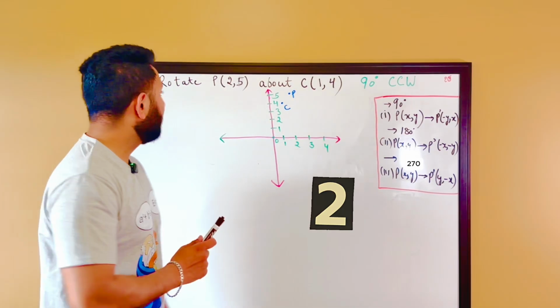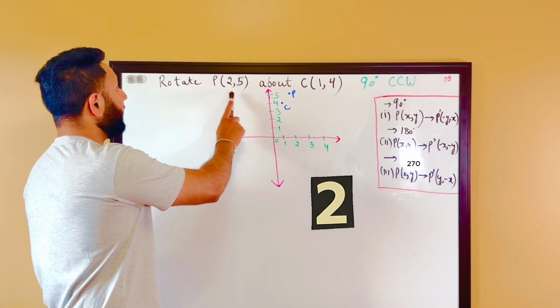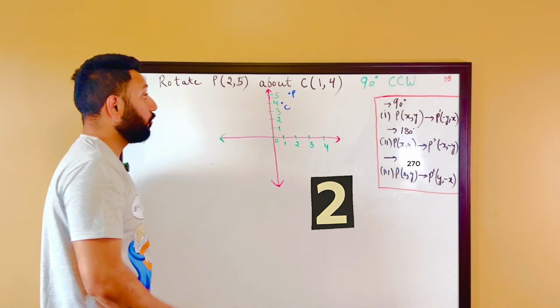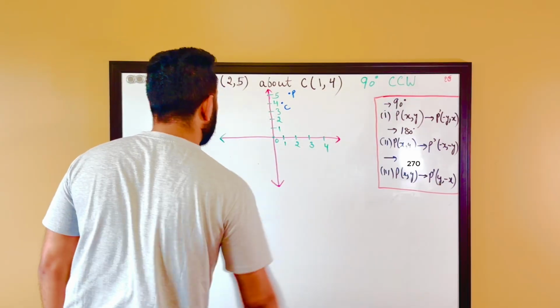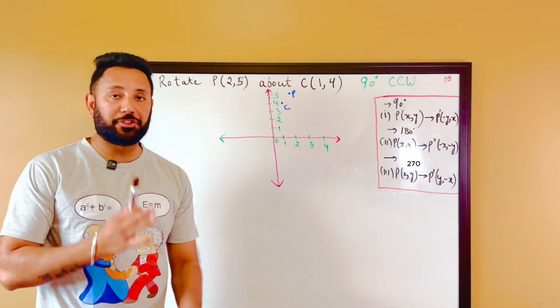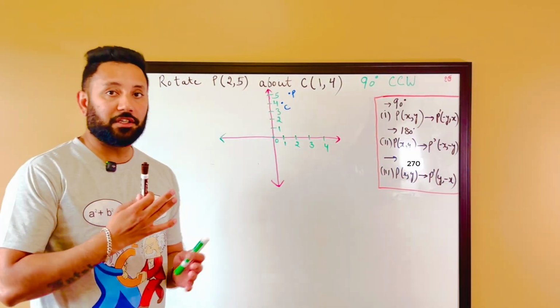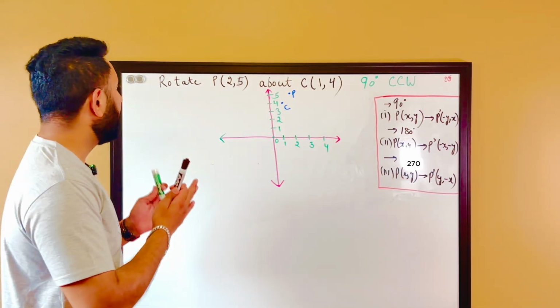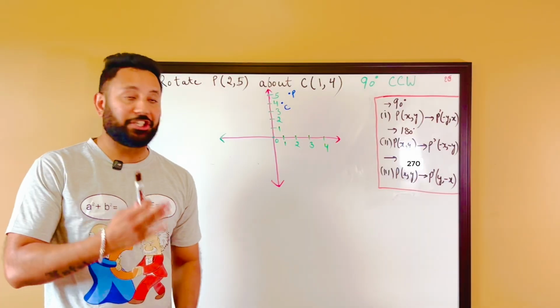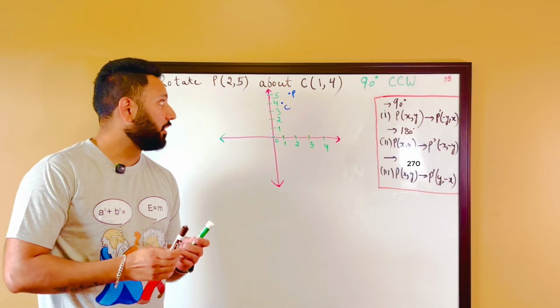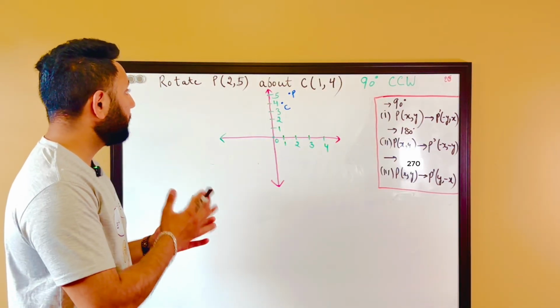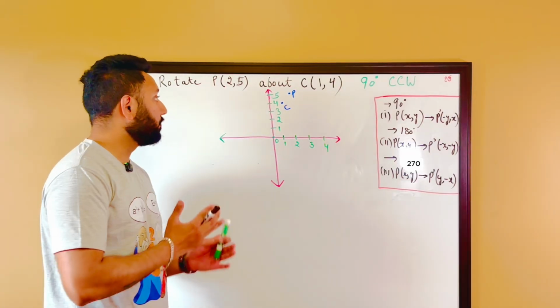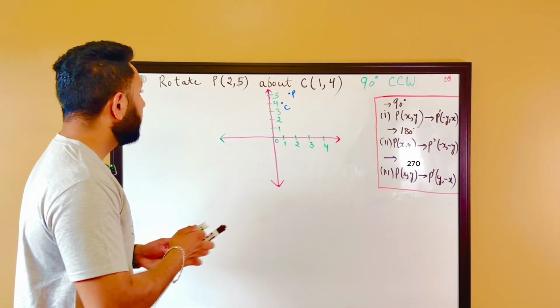So our second problem is rotate point P(2, 5) about C(1, 4) 90-degree counterclockwise. This example is very much different than the previous one because in the previous example we have done a rotation about an origin. But in this example we're gonna do rotation about a point other than origin. So there are some basic steps that we need to keep in mind before solving these kind of problems.